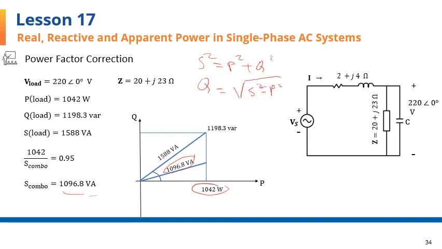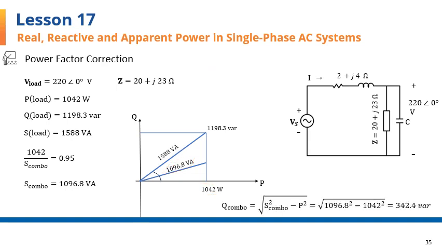This gives me the Q, reactive power usage of the combination of the capacitor and the load. And here I've done it over here, and the answer comes to 342.4 vars, which means this height here is going to be 342.4 vars.